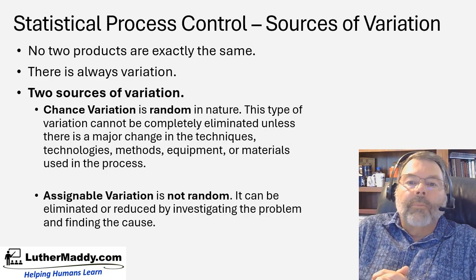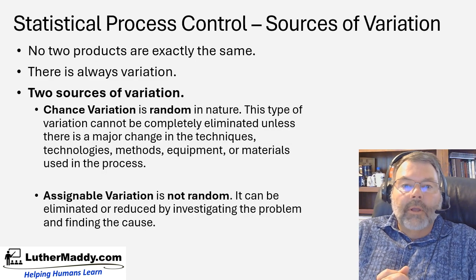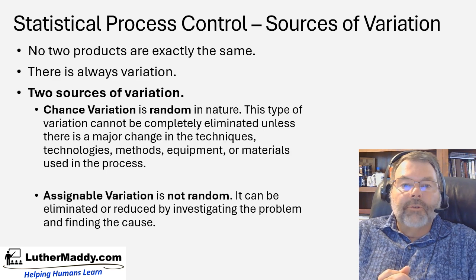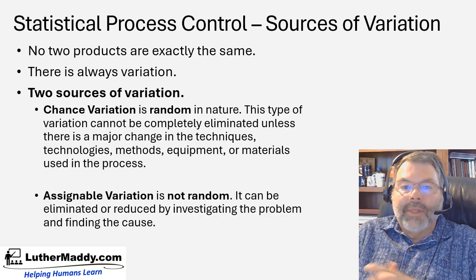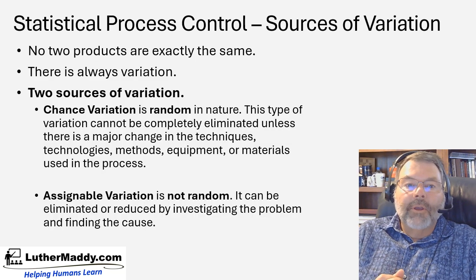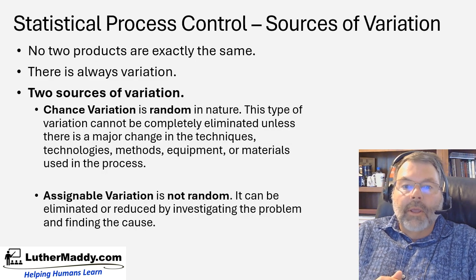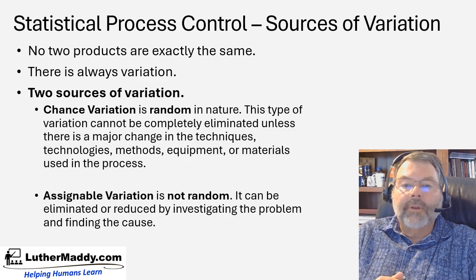Within our statistical process control, we need to talk about sources of variation. No two products are going to be exactly the same. They're going to vary a little bit, but whether or not they vary enough to be considered a defect, that's a different story. Within our variation, there are two kinds: random variation and non-random. Random variation really cannot be completely eliminated unless we change everything, get a whole new factory, change the technologies.